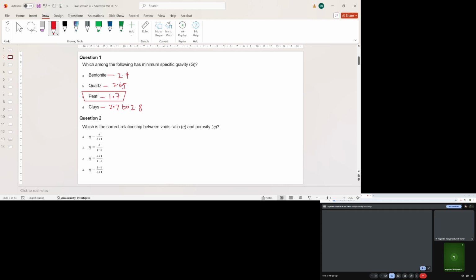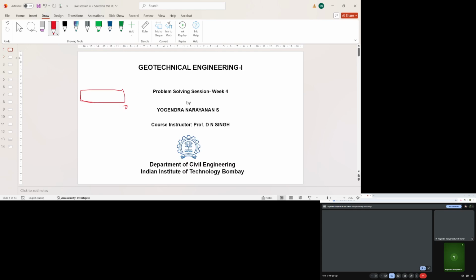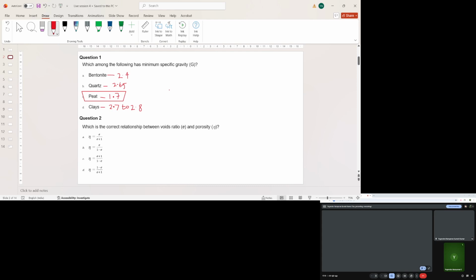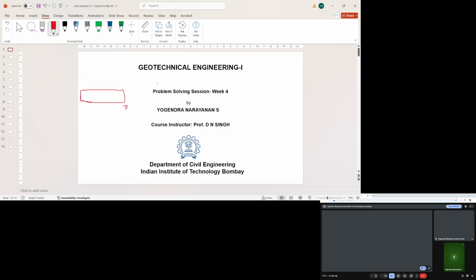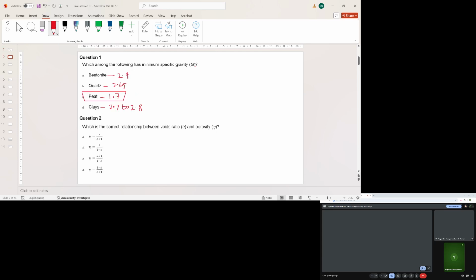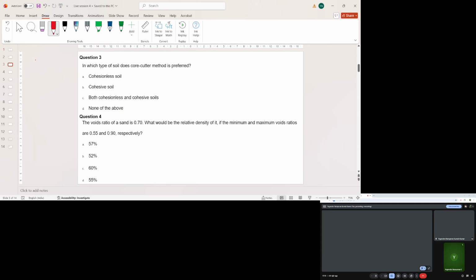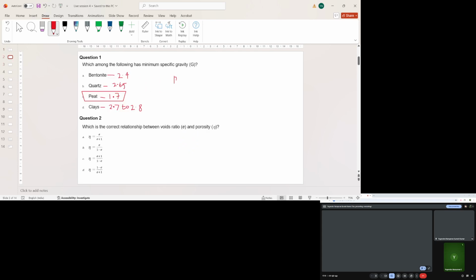Apart from this, several industrial byproducts which are similar to soils have larger specific gravity, like red mud, which has a specific gravity greater than 3, and steel slags, which are inherently denser due to the presence of alumina and steel, which naturally increases the specific gravity.